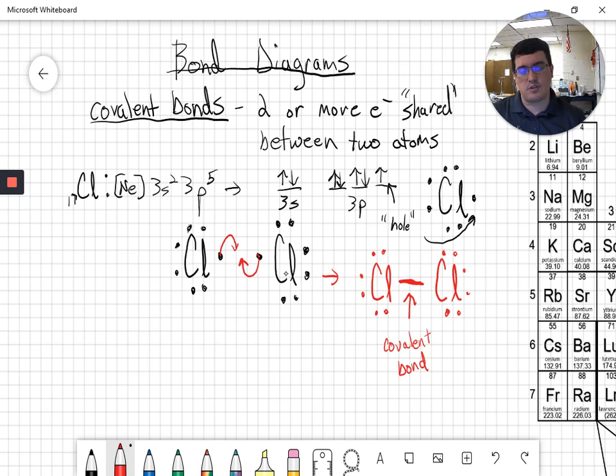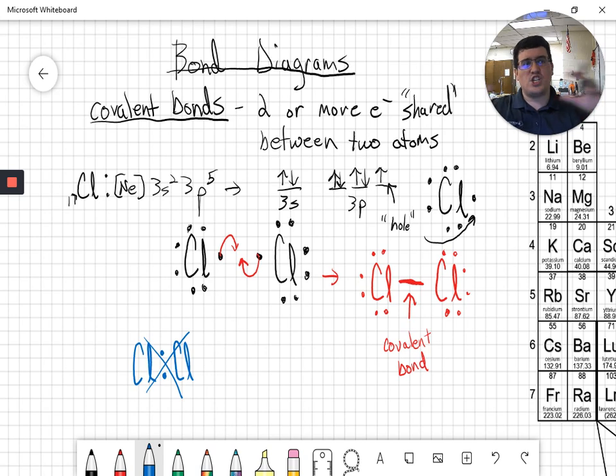Now, I'm not going to draw all the extra dots around these, but if you're looking online and you see some folks don't like to draw it as a bond, they'll just put 2 dots between the 2 chlorines. But I don't like that because to me that doesn't show that they are sharing those 2 electrons, right? Those 2 dots are just sitting there. They haven't formed anything new.